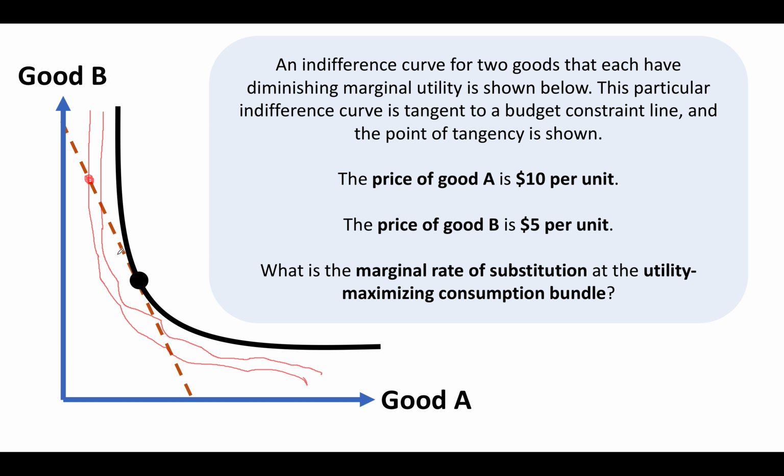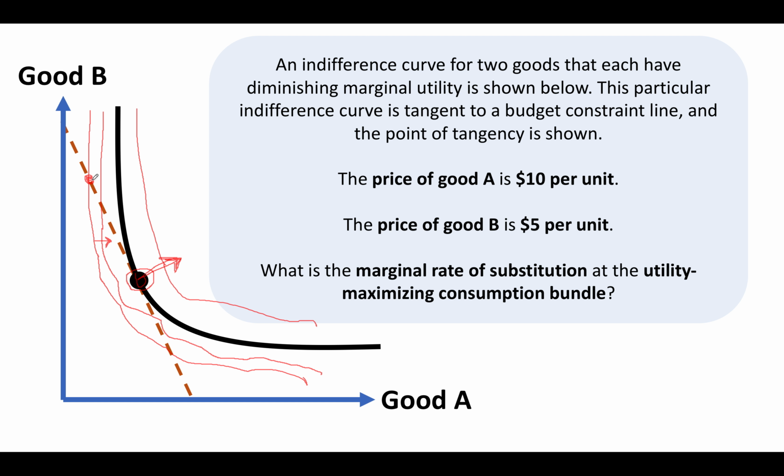It still gives me bundles in my budget set, but those bundles are going to be better in terms of the indifference curve. So I always want to walk in this direction along the indifference curves. This process stops at this point of tangency, where the only way to climb up on my indifference curve is to climb in this direction. There are indifference curves out here that would be better, but my budget constraint line prevents me from crawling in this direction, so this is the best that I can do.